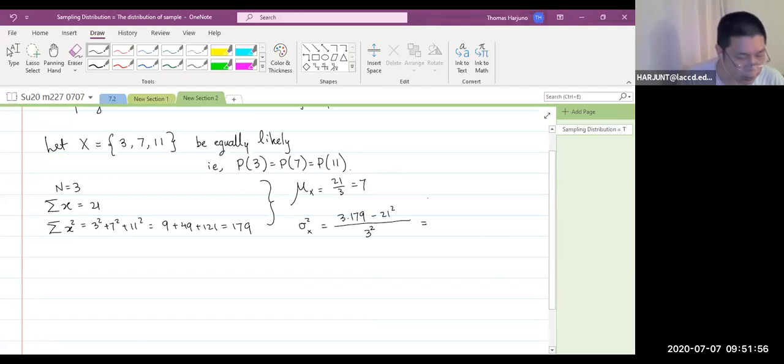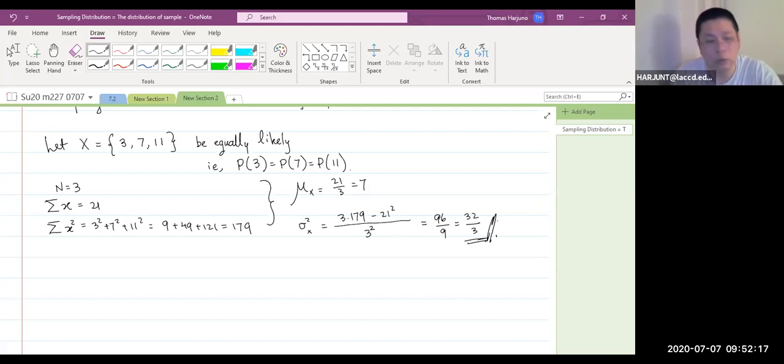Divided by 9, I get 10.8. Now, instead of writing it that way, let me write it this way. 96 over 9, let me reduce by 3. I get 32 over 3. Let me just leave it like that for now, okay? When I make it decimal, it may be confusing later on.